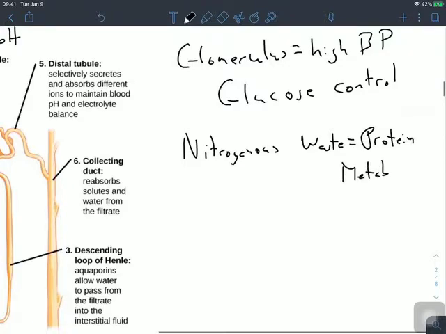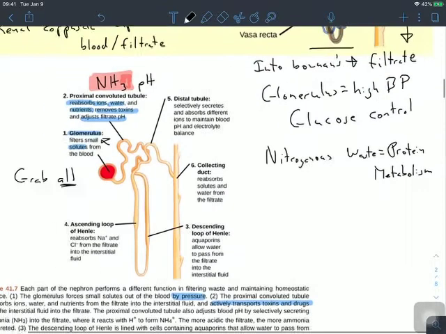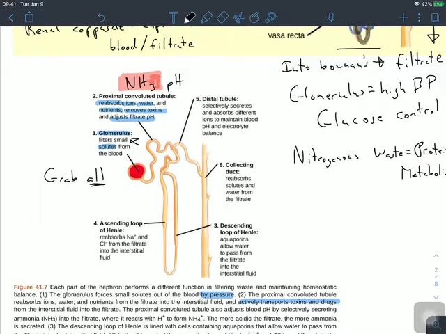So the major function that we oftentimes associate with the kidney is actually performed by that first proximal convoluted tube. It's secreting ammonia to regulate our blood's pH. And the reason why there might be too much ammonia in your blood is because you are breaking down proteins. Regular function, got to make sure to balance pH to maintain homeostasis.